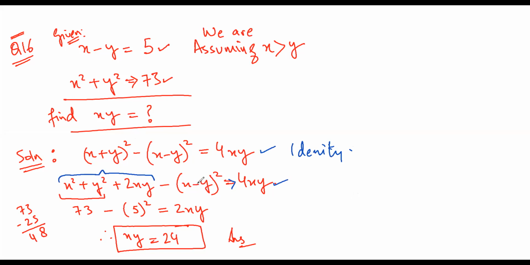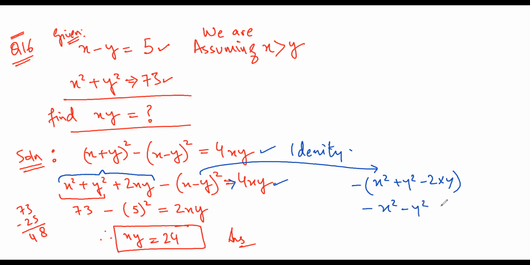Mr. Rudra, when I expand this (x minus y) whole square, this will be equal to x square plus y square minus 2xy. And there is a negative outside. So this will be equal to minus x square minus y square plus 2xy, and that is why this is equal to 4xy.